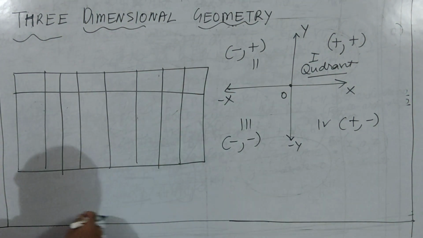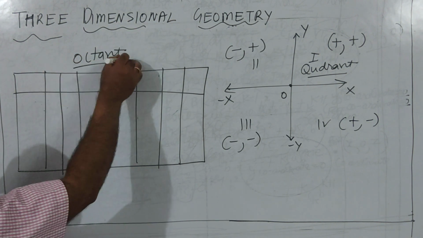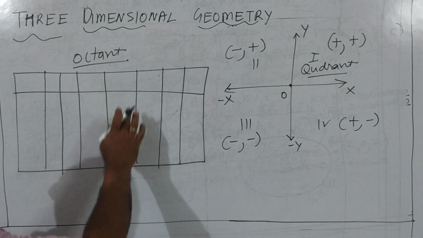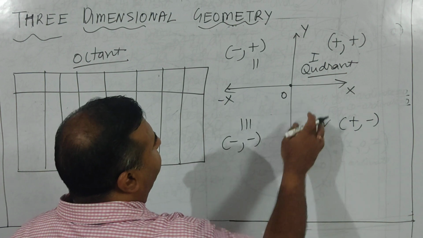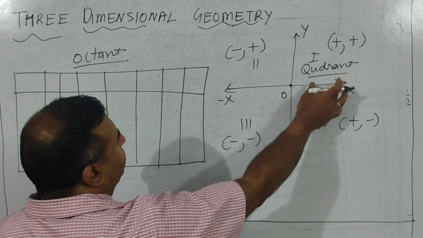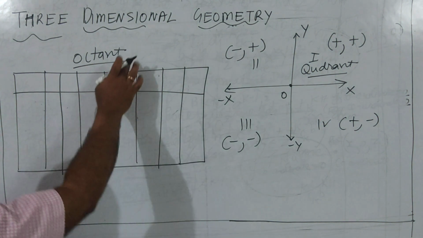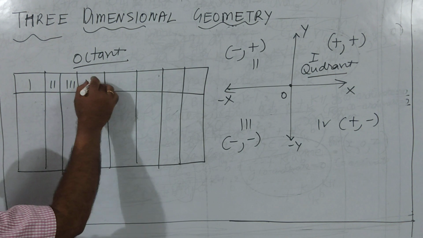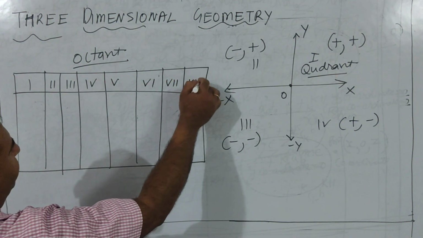In three-dimensional geometry, 8 octants are here, but in two dimensions only 4 quadrants. Because it is 4, it is called a quadrant. There are 8 parts, that's why it is called an octant: first, second, third, fourth, fifth, sixth, seventh, eighth.